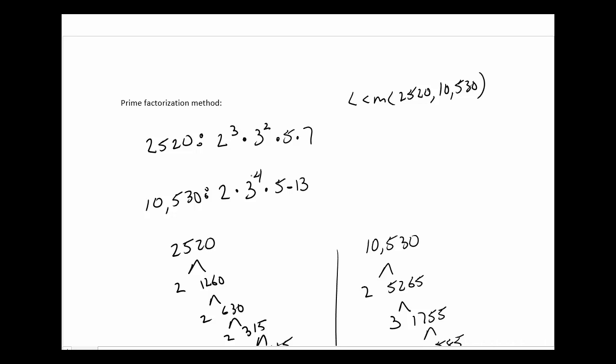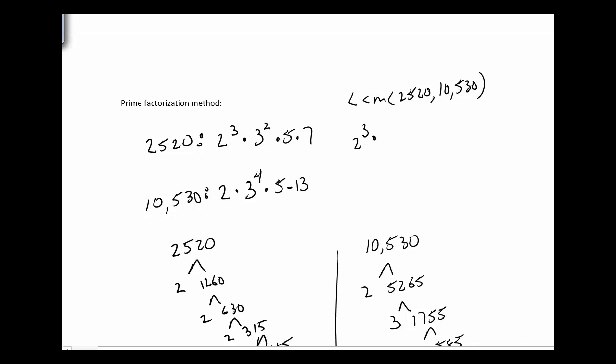So 2,520 has 2 cubed in it, so I know the LCM has to have at least 2 to the 3rd power, and 10,530 has a 2 in it. I can't have any less than the number of factors. I can't have more, but I have to have at least 2 to the 3rd, and 2 is definitely in 2 to the 3rd, so that's part of the LCM.